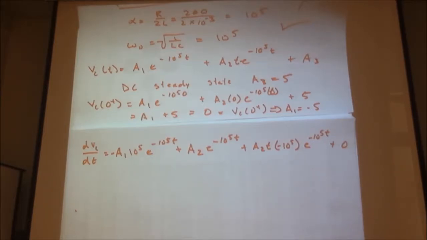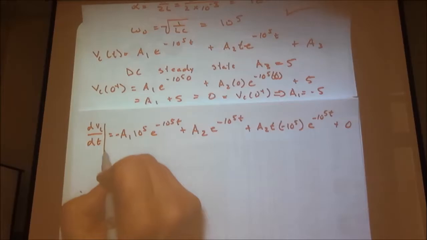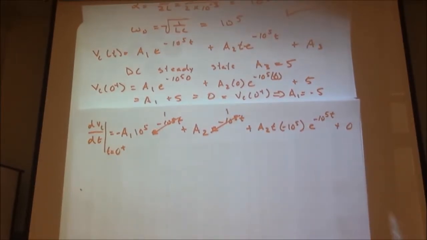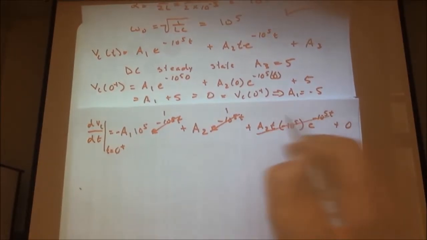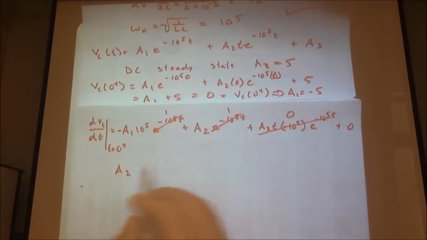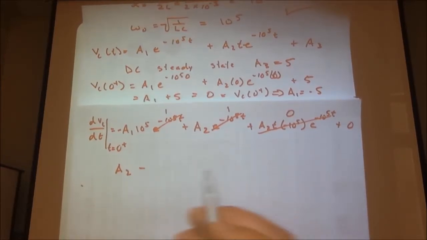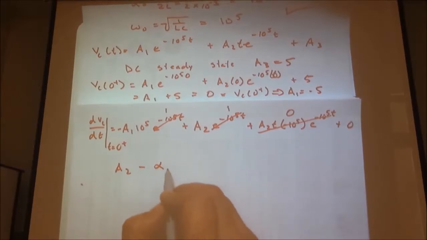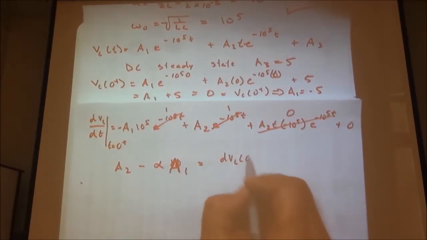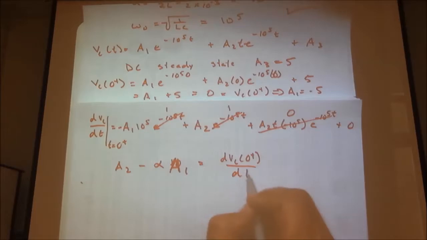Well, evaluated at t equals 0, that goes to 1, that goes to 1, and that goes to 0. So what are we left with? A2 minus, if we want to call it just more generally alpha, A1 equals dVc(0+) by dt.